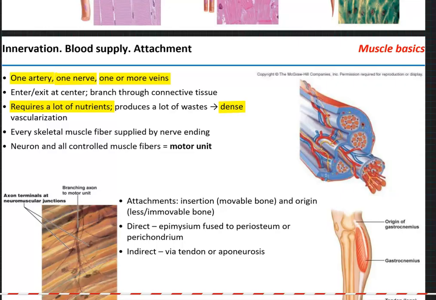As we will learn again, but basically your skeletal muscles consist of many linear cells that we call fibers. Every muscle fiber has a dedicated nerve ending that controls it. All muscle fibers that are controlled by a single neuron are called a motor unit.